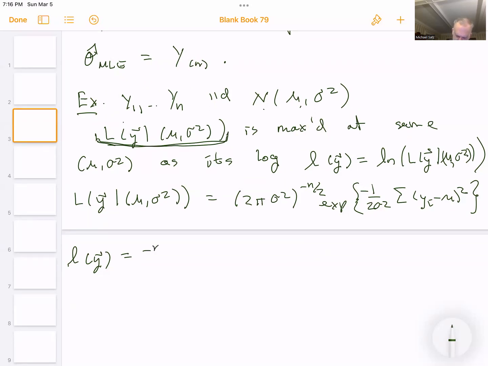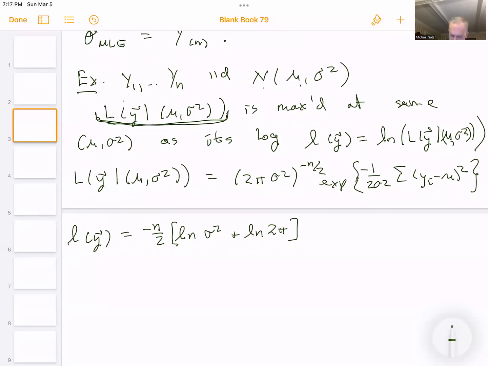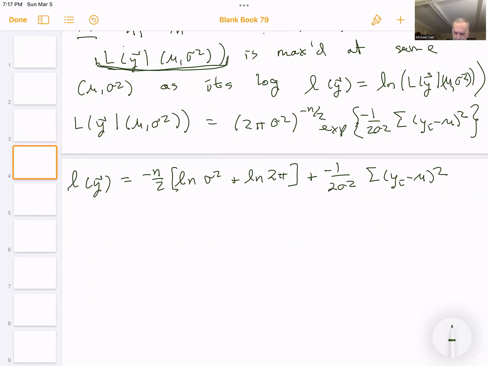So we have minus n over 2 log of this product. I could write that as a sum as well. Let's write log sigma squared plus log 2 pi. Okay, so that's the first term, plus the log of the exponent, their inverse function. So plus minus 1 over 2 sigma squared sum yi minus mu squared. Okay, so this is the function we're going to maximize over mu and sigma squared.